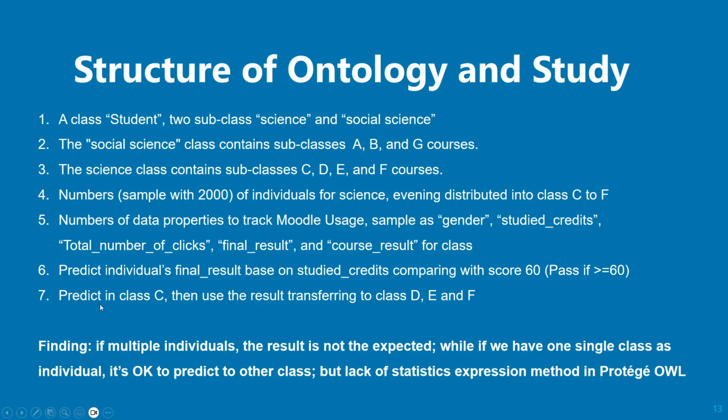The idea the user mentioned is we expect to manually predict in class C, then Protege can do the prediction for classes D, E, F, which we call transferable prediction.